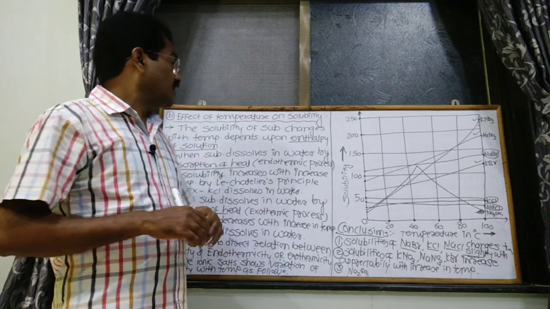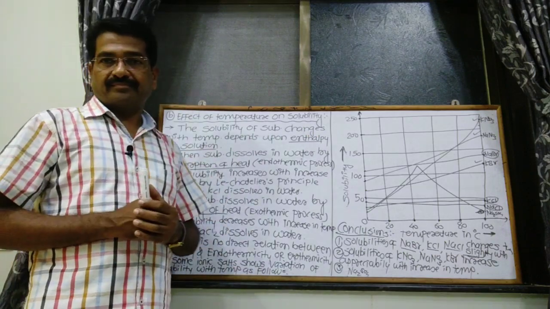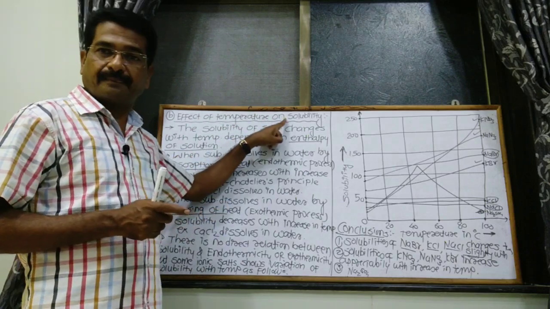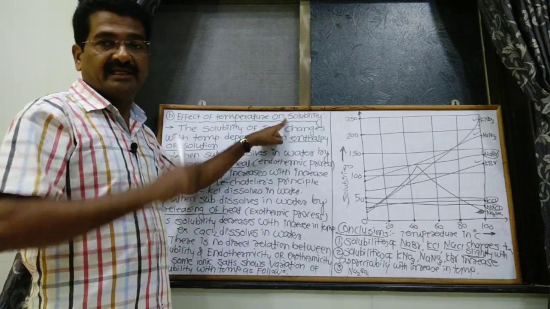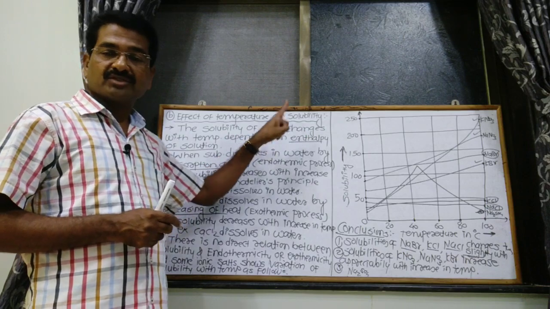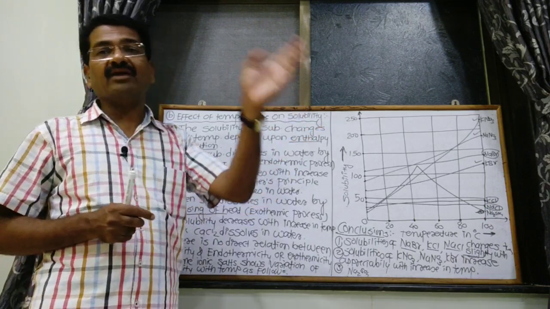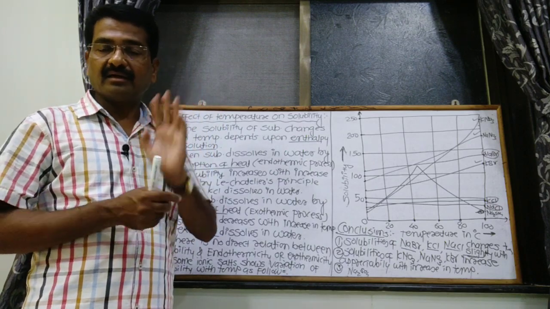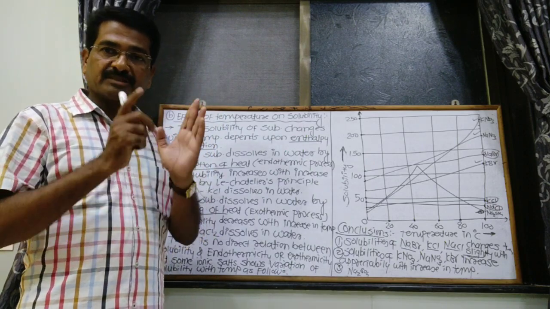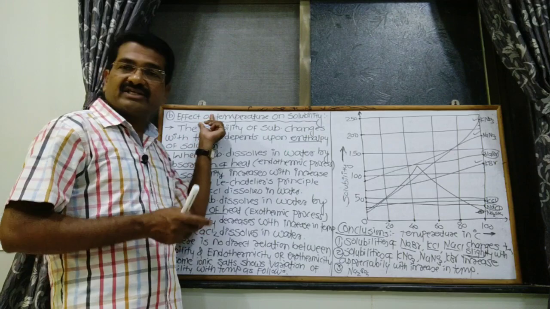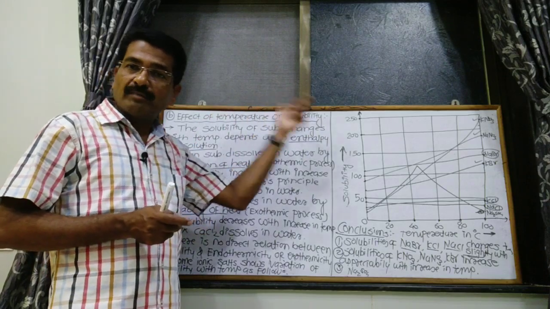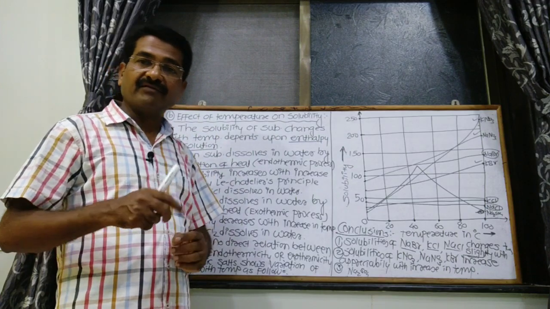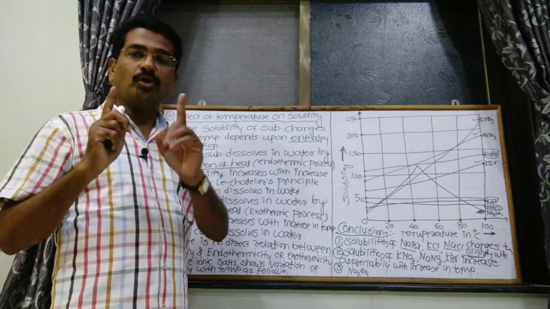How? Explain the effect of temperature on solubility of solid solute in liquid solvent. Remember the question again: explain the effect of temperature on solubility of solid solute in liquid solvent for 2 marks.